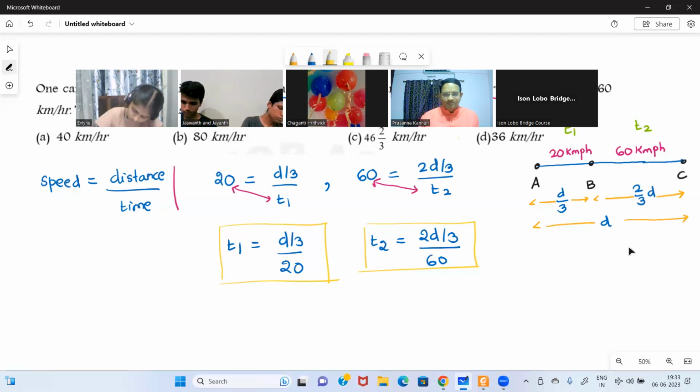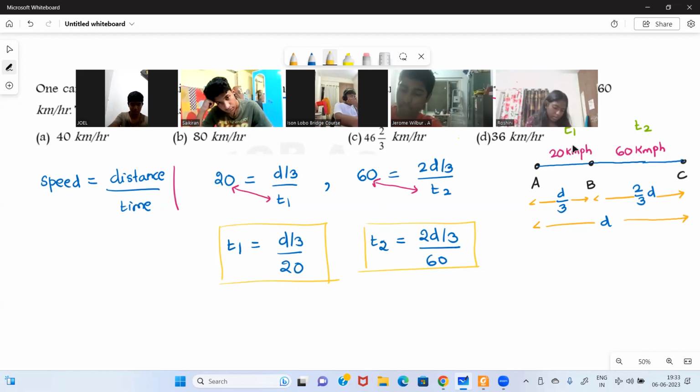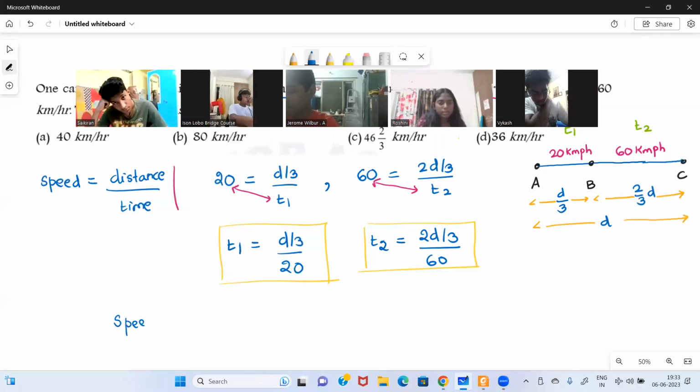Now, what is average speed? The average speed is equal to total distance traveled. What is the total distance traveled, students?